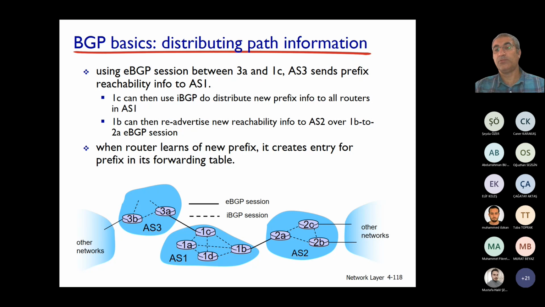Let's say 1B receives this prefix information, and 1B can then re-advertise new reachability info to another AS, like 2A in AS2. So when a router learns of a new prefix, it creates an entry for the prefix in its forwarding table.